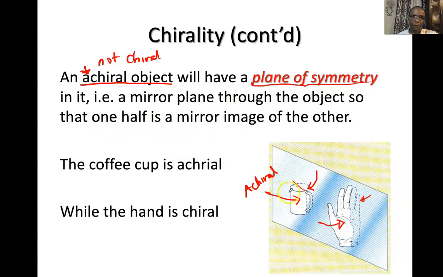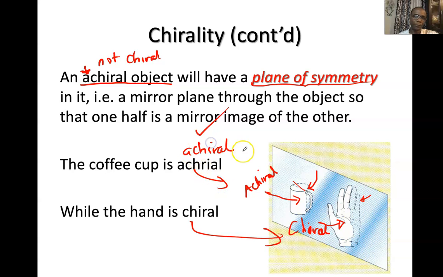One half of the mirror image is the same as the other one, so it's achiral, just like this statement is saying. Here, your palm is chiral because again, you cannot cut it into equal halves. Okay, excuse the typo in the spelling there. This should be achiral.